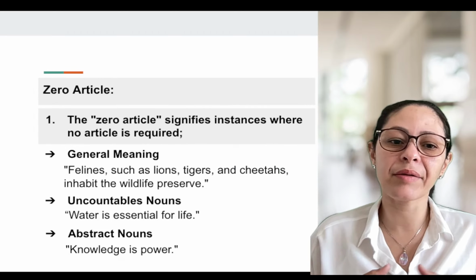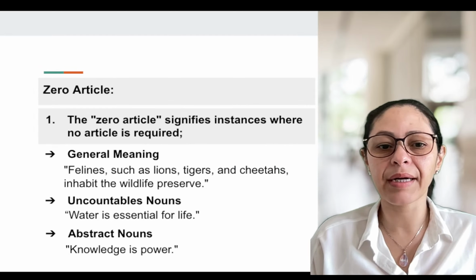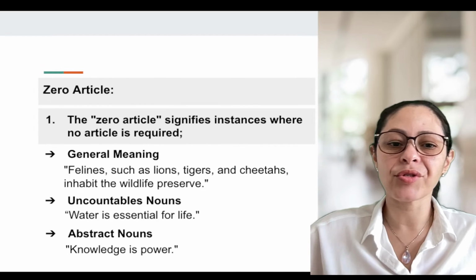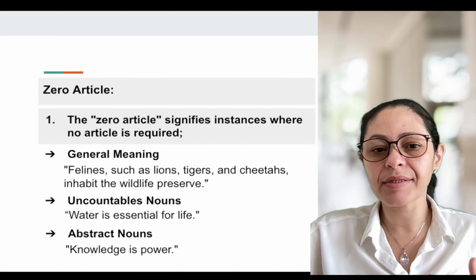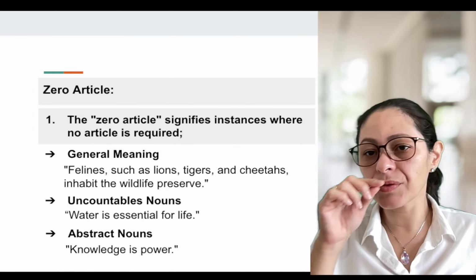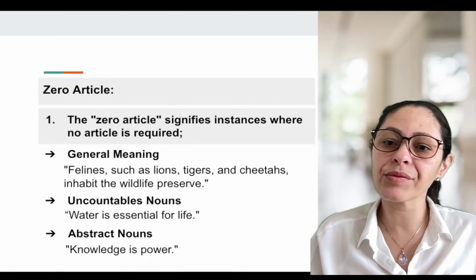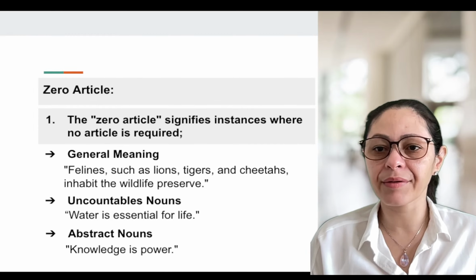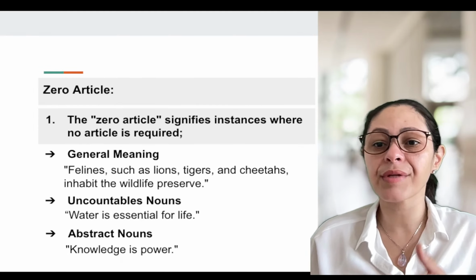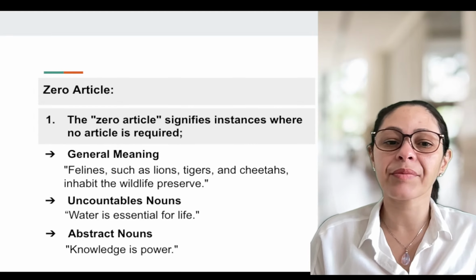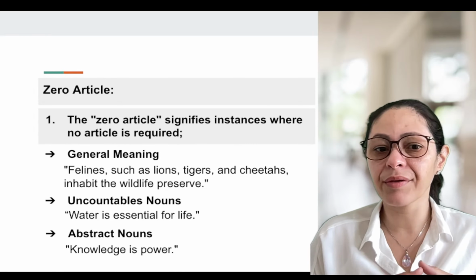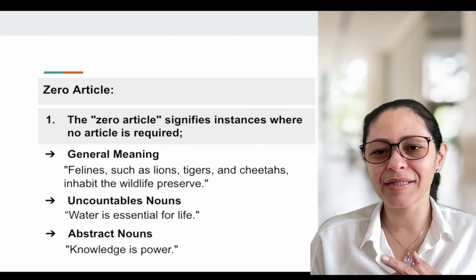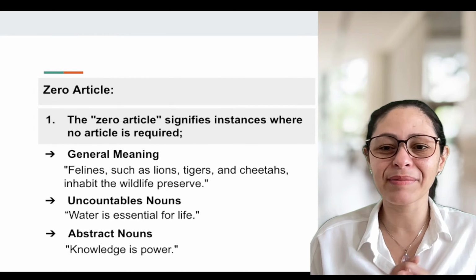Another example that I could mention, perhaps, when we talk about education, happiness, these nouns, they are not used with the articles a, an, or the. For example, love has the power to heal even the deepest wounds, don't you think, guys?